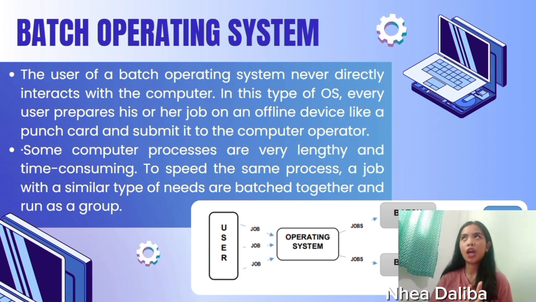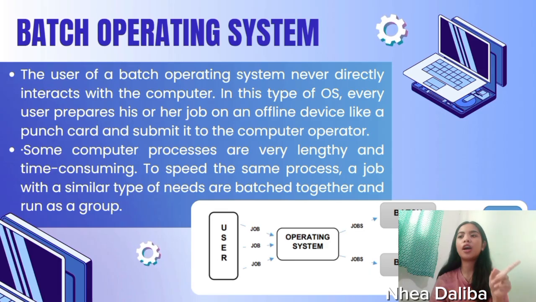So, for example, a bank needs to handle different transactions like bill payments and salary payments. Instead of transacting them one by one, they batch them per batch.